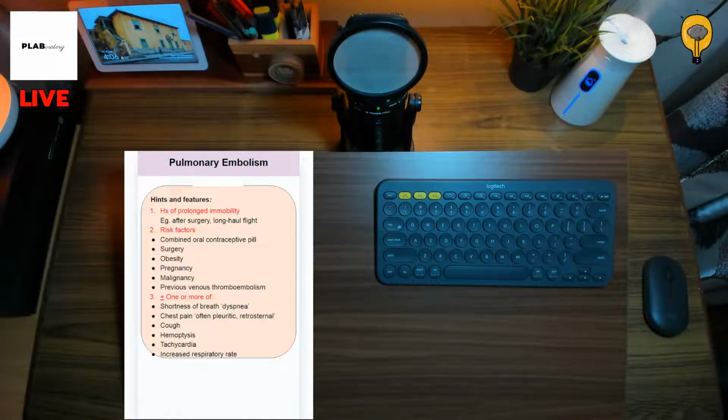Now, coming to signs and symptoms. Symptoms are dyspnea, pleuritic chest pain or retrosternal chest pain, and cough and hemoptysis. So these are very non-specific type of respiratory symptoms.